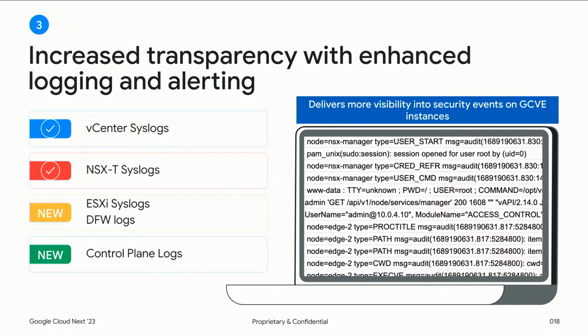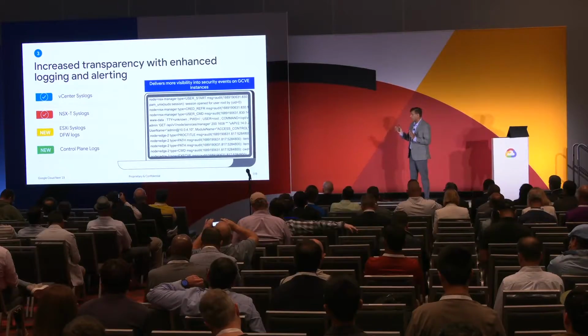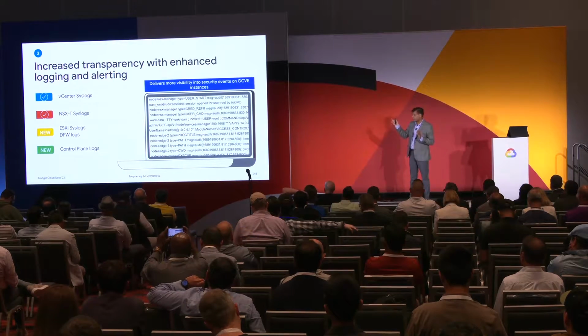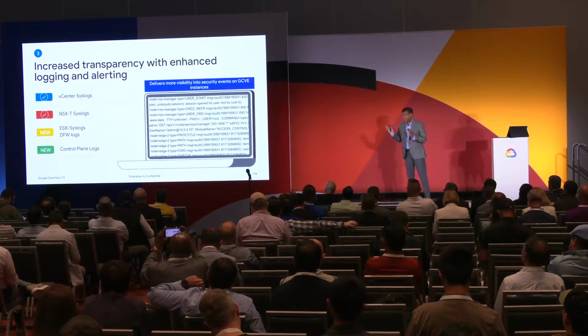The second is visibility and audit. You want to know everything that's happening in the environment. You want to know who's doing it, when it's happening, where it happened, what it changed. And it was possible with VMware vCenter syslogs. It was also possible with NSX-T syslogs, and then the control plane logs.